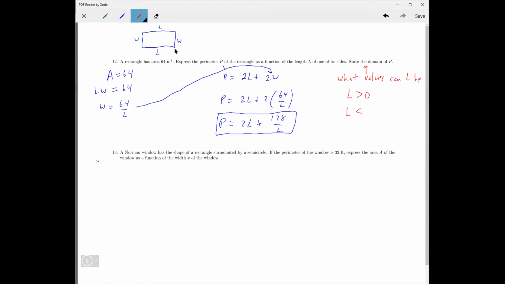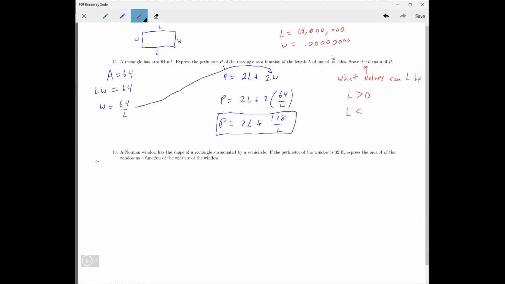Like, if the length were 1,000,000. Wait, let's go 64 million. Let's say the length were 64 million. Whoa, that's a huge number. Well, you could make the width something really, really small.